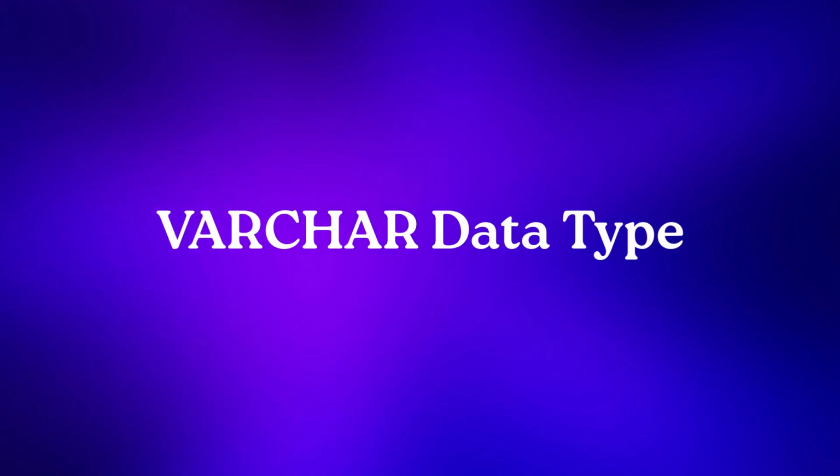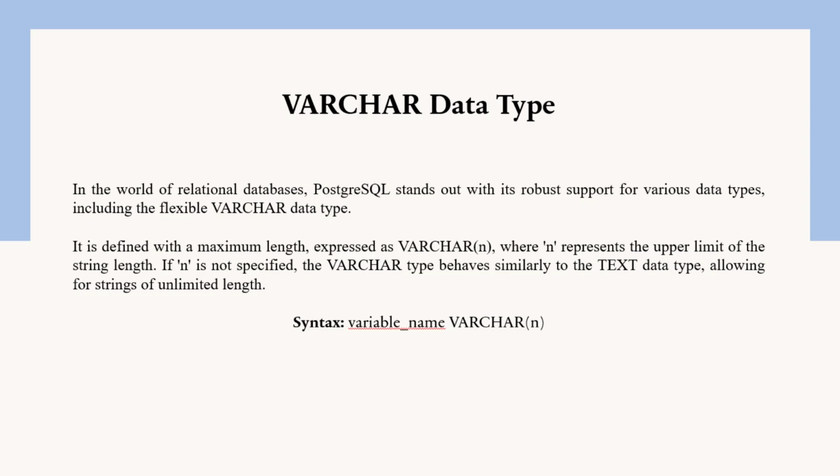Let's look at the VARCHAR data type. In the world of relational databases, PostgreSQL stands out with its robust support for various data types, including the flexible VARCHAR data type. It is defined with a maximum length expressed as varchar n, where n represents the upper limit of the string length. If n is not specified, the varchar type behaves similarly to the text data type, allowing for strings of unlimited length.